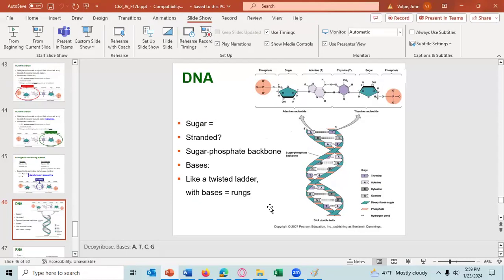Now it doesn't have to be, and in fact, our DNA is single-stranded whenever the DNA is being transcribed to make RNA in transcription. So that's one time our DNA is single-stranded. And the second time DNA is single-stranded is when the DNA is being replicated.